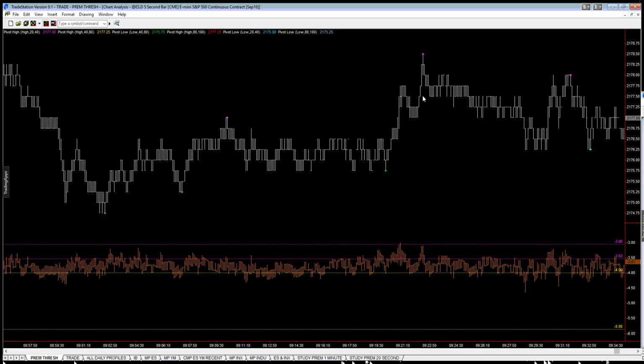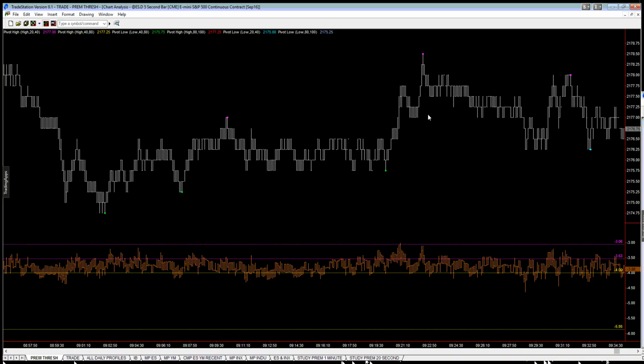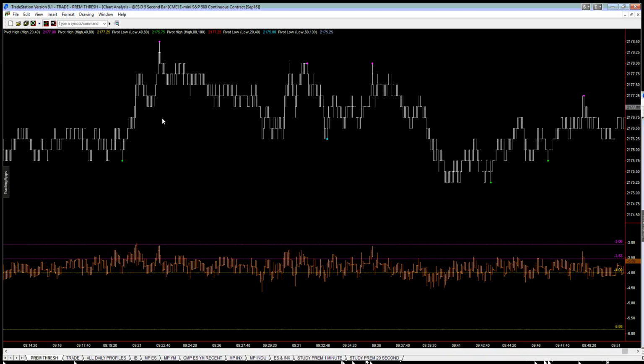And the answer is yes. It does suggest that we would test that level. However, it may not be immediately. So as we move forward here, we can see this level was not tested. But now we start heading back down.